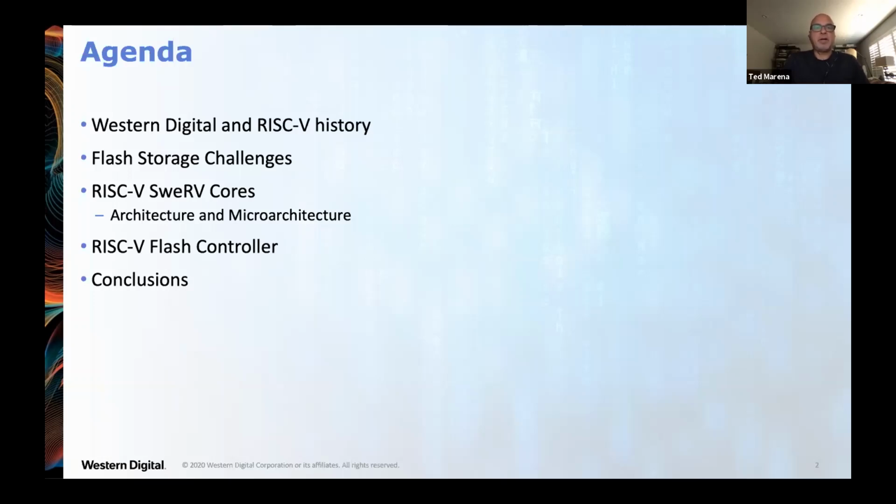Then I'll talk about some of the challenges that we think RISC-V helps us overcome. We'll go into the RISC-V SweRV cores, which are Western Digital's RISC-V cores that have been open sourced, and I'll give you a few details on microarchitecture and some other points. Then I'll show you how we see it fitting together in embedded applications around storage, and then wrap up.